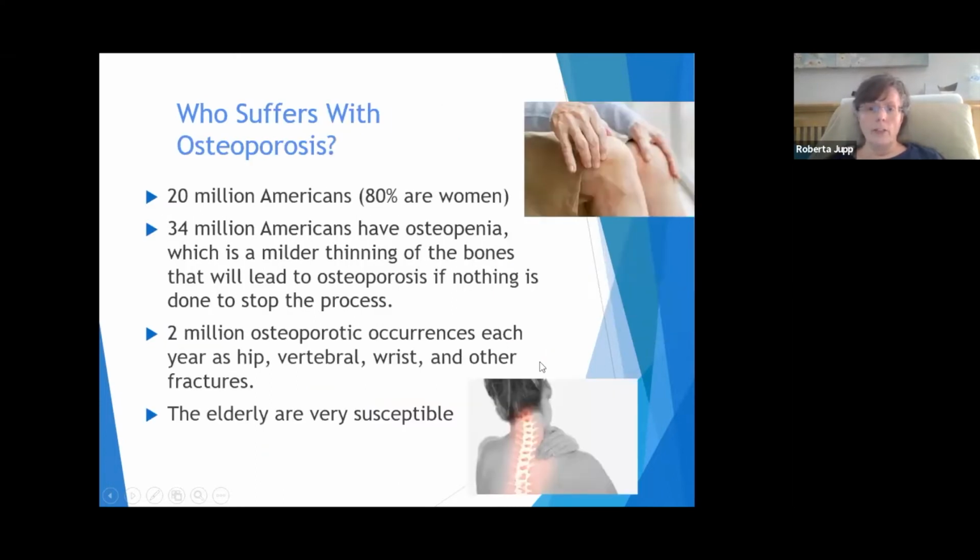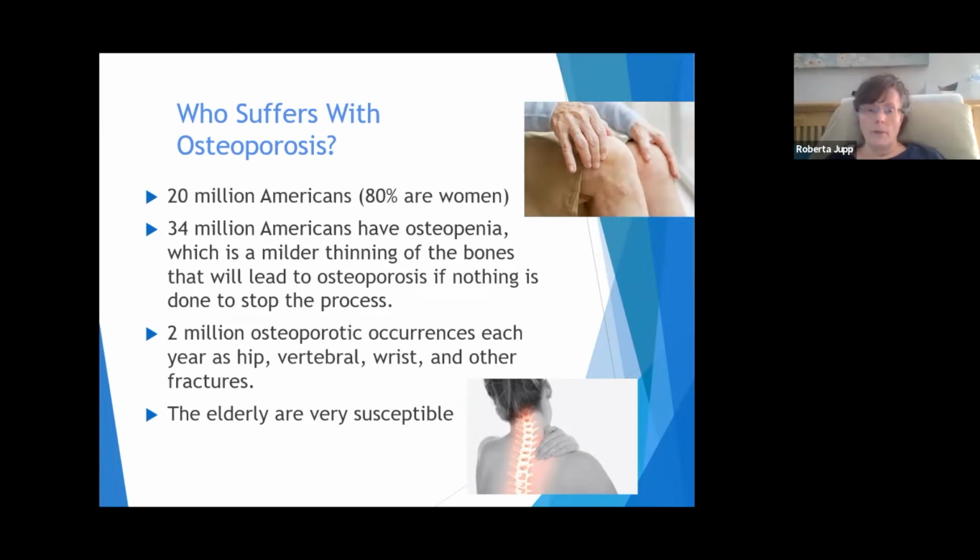And we might like to know who suffers with osteoporosis. Right now, the numbers are about 20 million Americans, but 80% of those are women. We usually see women with more osteoporosis than men. 34 million Americans have osteopenia, and that's a thinning of the bones, which is not quite as bad as osteoporosis. But if the person doesn't change something, just like with diabetes, osteoporosis will occur, just like someone with prediabetes.